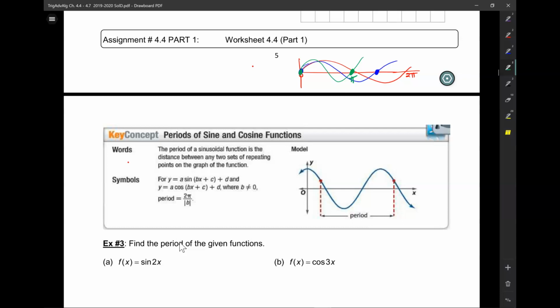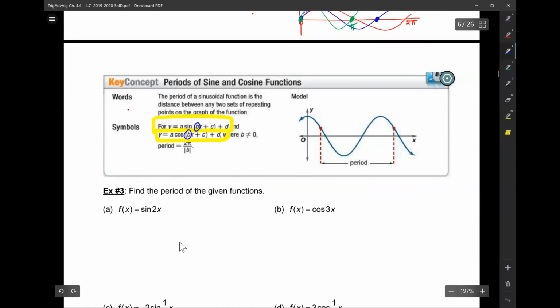Okay. So yes, last time I told you that this is what the function looks like for sine, and this is what it looks like for cosine. And we said amplitude was determined by the factor A. Okay, today we're going to focus on B. B helps us find the period of the function.